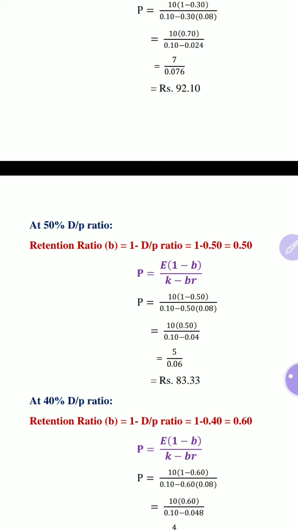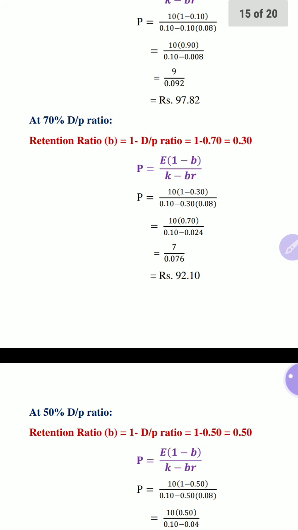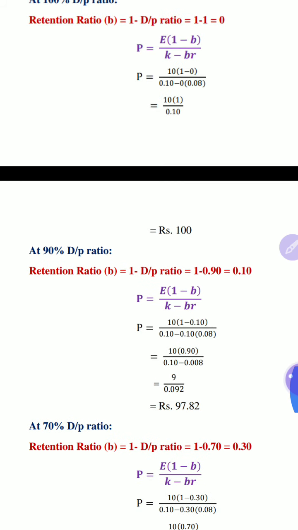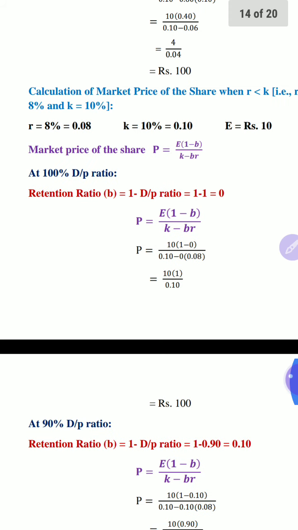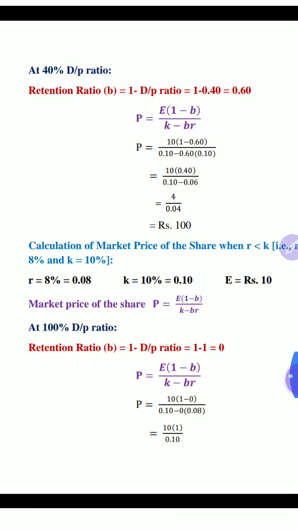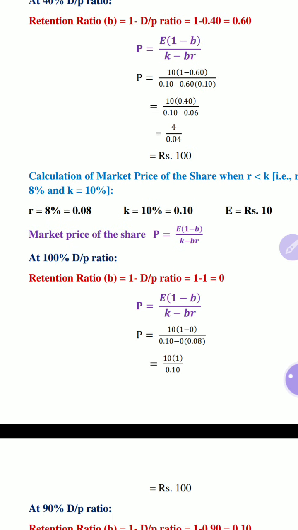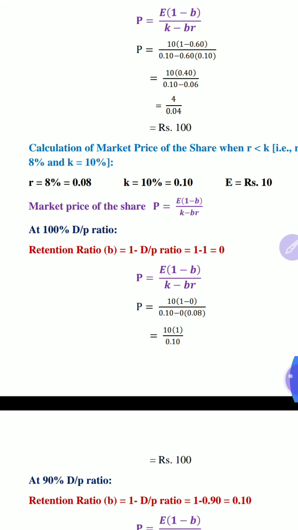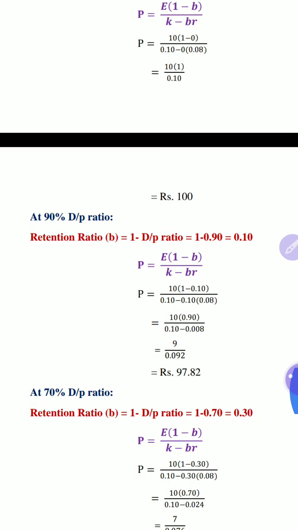According to Gordon's model, when r is greater than K and the dividend payout ratio decreases, the market price of the share will increase. When r is equal to K, the market price of the share remains constant. And the third point, when r is less than K and the dividend payout ratio decreases, the market price of the share also decreases.